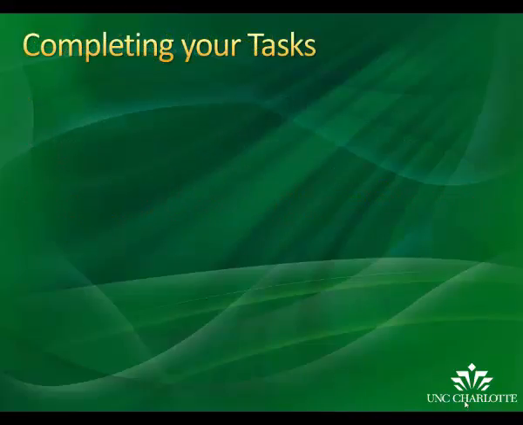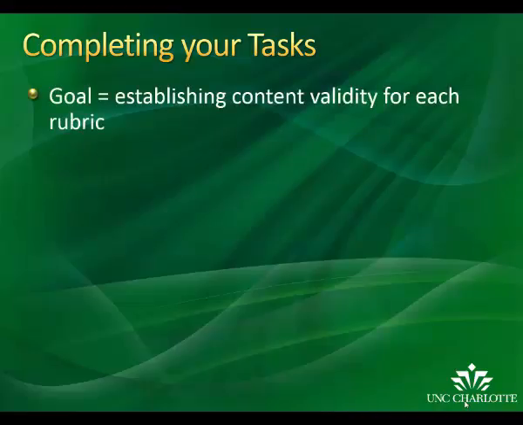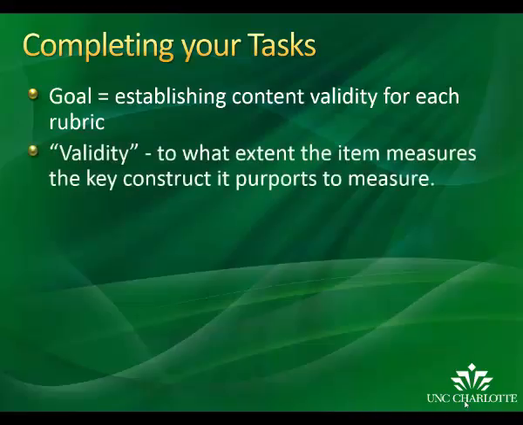The primary objective of this process is to establish content validity for each rubric. As an expert reviewer, your feedback ratings on the response form help to determine the rubric's validity. For clarification, we are using the term validity to determine to what extent the rubric measures what we, as the authors of the rubric, claim it does.